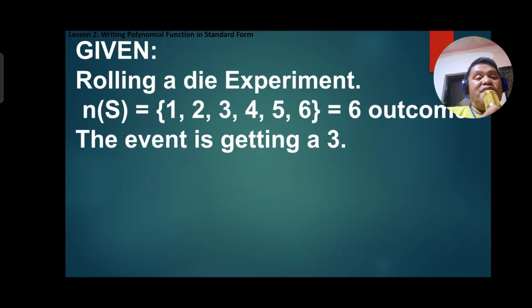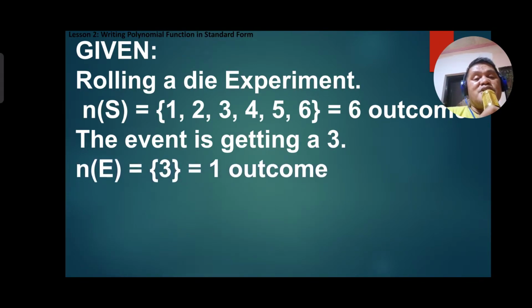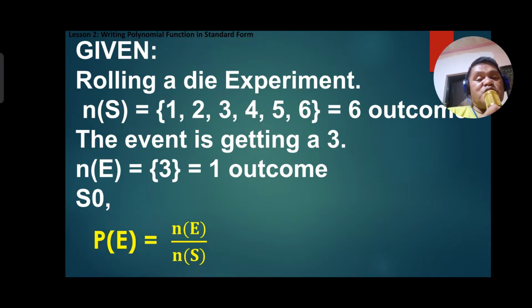The event is getting a 3, so the number of outcomes in the event is only 1, because there is only one number 3. We are going to substitute in the formula.